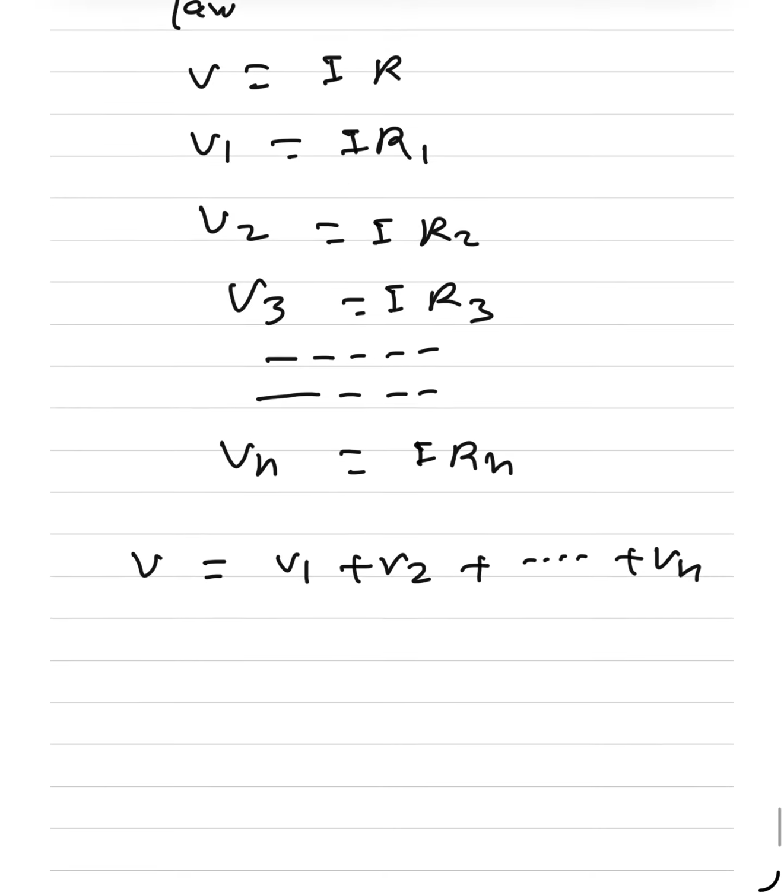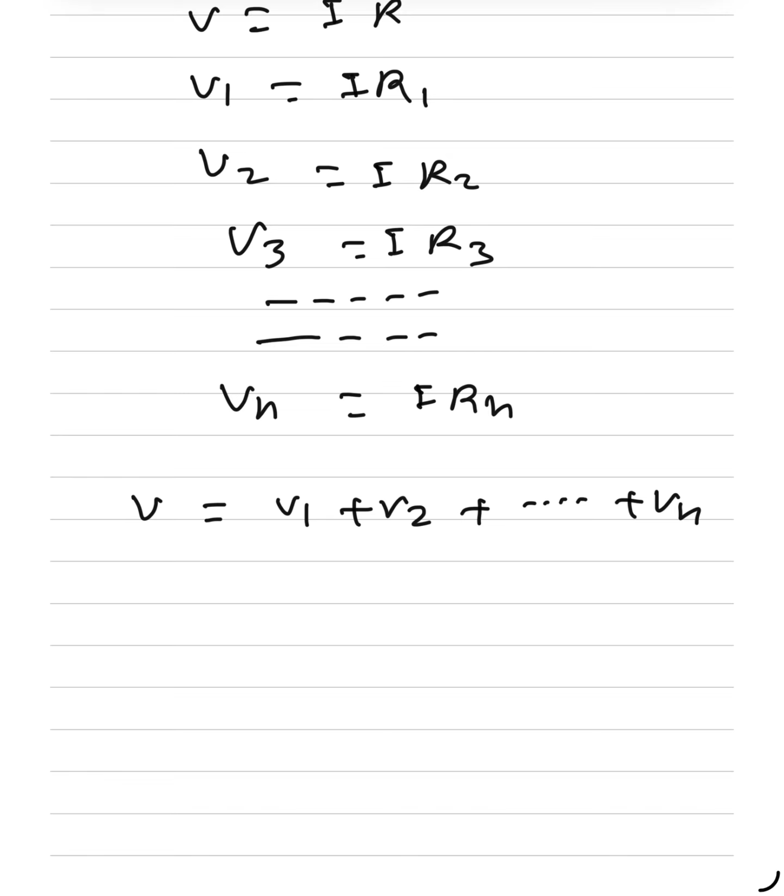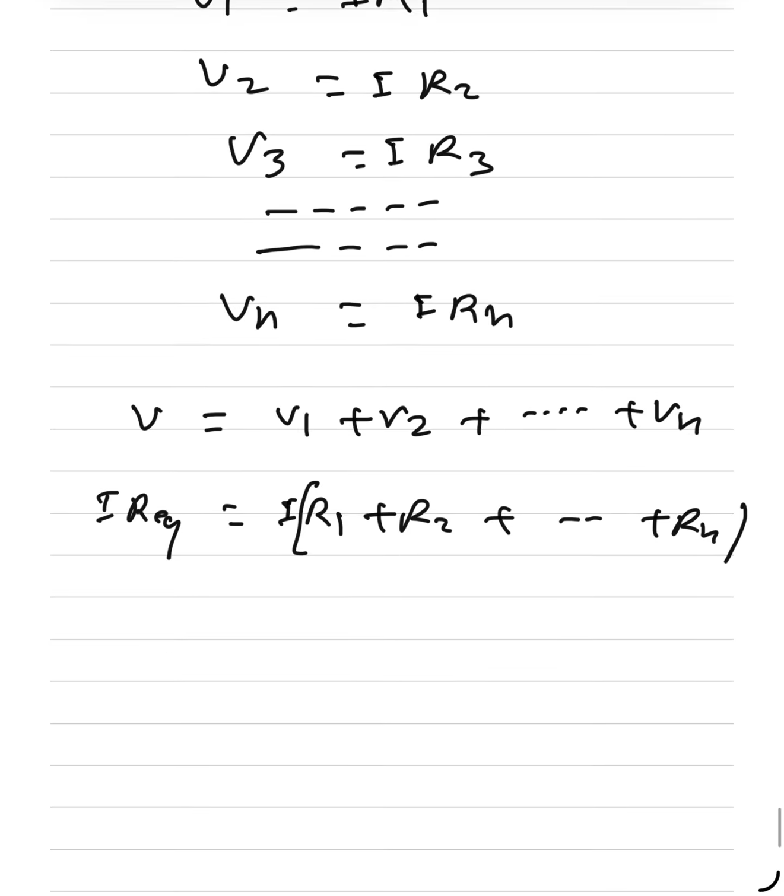Put the values of V1, V2, V3 and Vn here, and I R equivalent equals I R1 plus R2 plus dot dot plus Rn, where I is a common factor from each term, and I cancels out from the left side and right side. So R equivalent in series combination of resistances equals R1 plus R2 plus dot dot plus Rn.